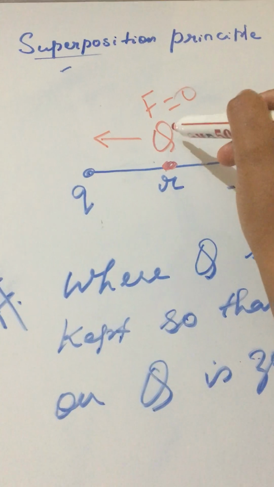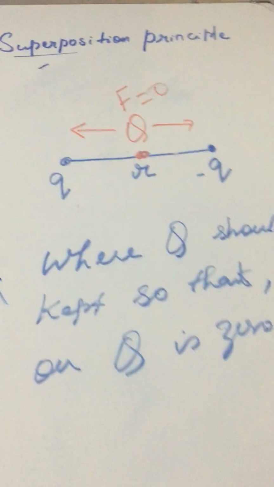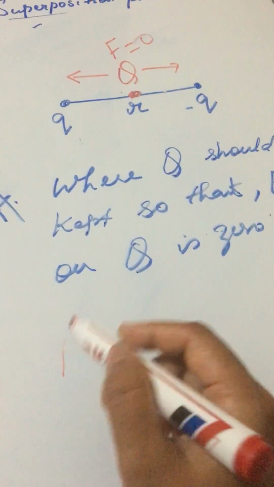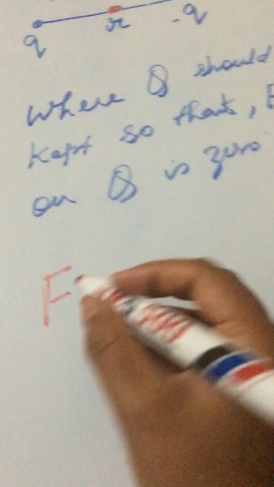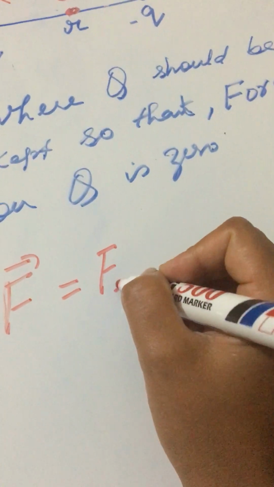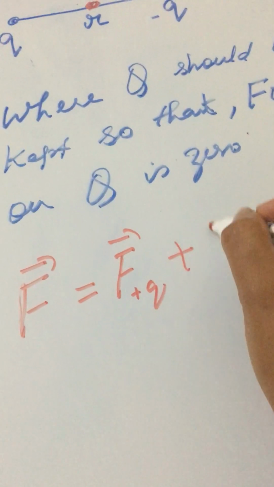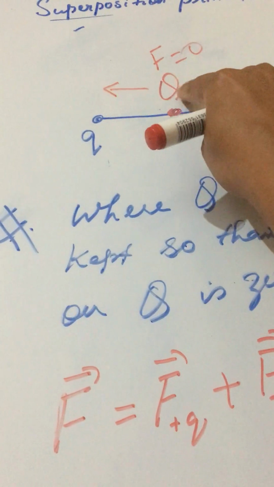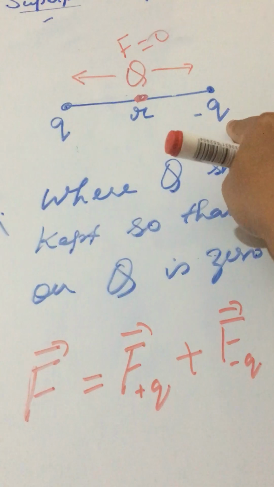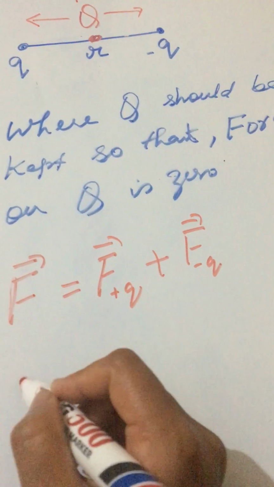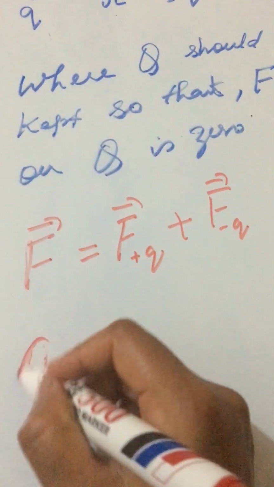And due to minus Q, Q will experience the force along here, right? The total force on Q is due to plus Q and due to minus Q, and this total force is 0, right?